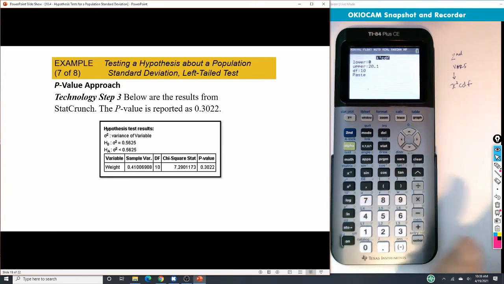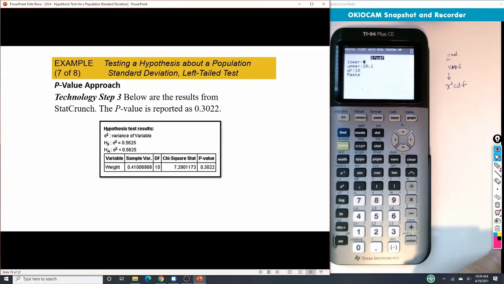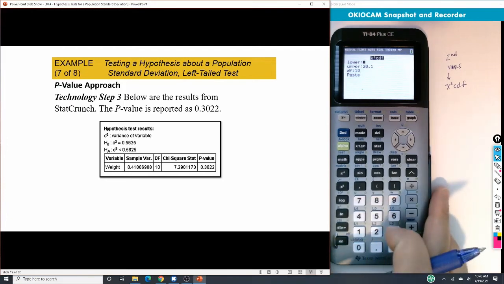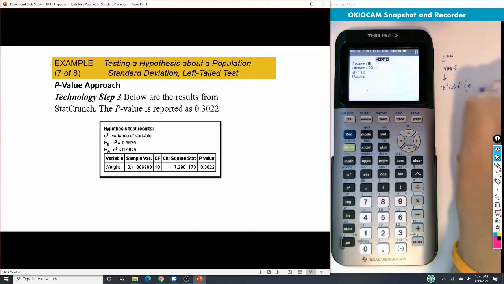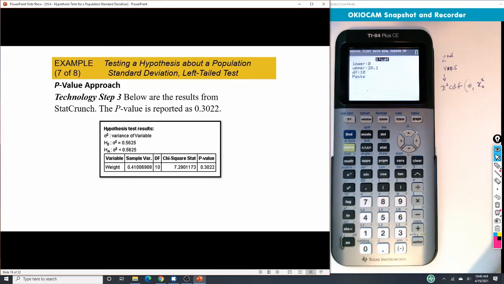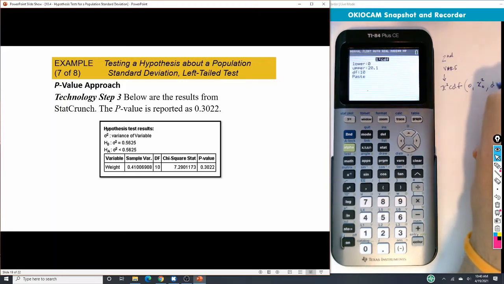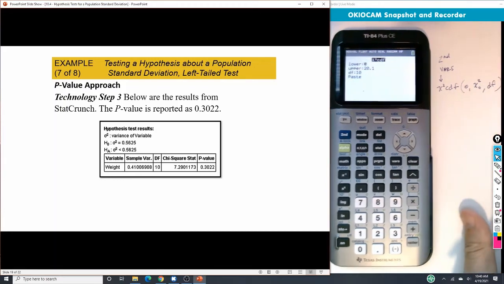Now, if you have a TI-83 calculator where it doesn't give us these pieces here to plug in, that's okay. What you're going to make sure is that you have 0, comma, your chi-squared statistic, which we've already calculated, and then your degrees of freedom. Okay, and that's what we're going to need.